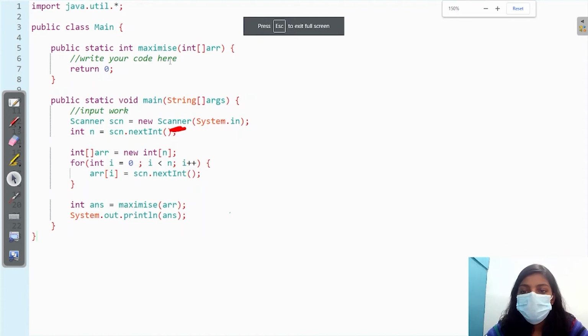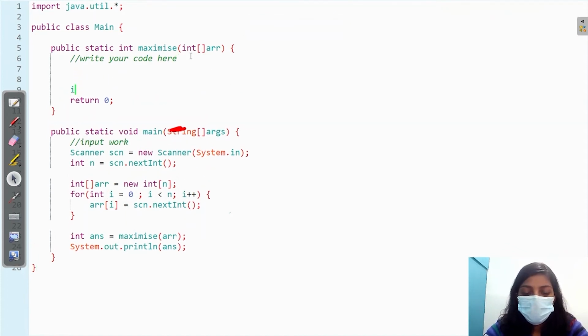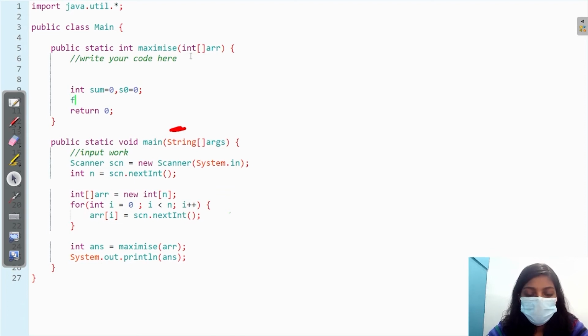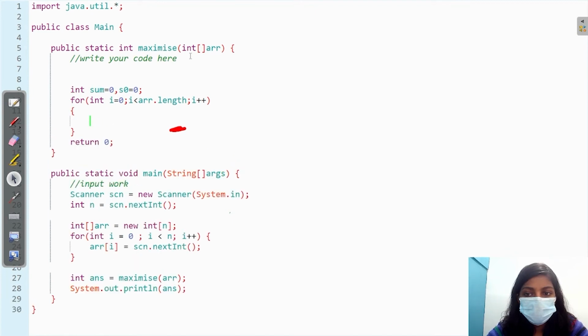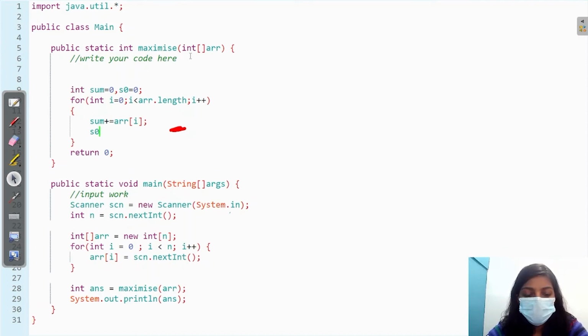So here, first of all, I will have a sum variable and S0. Now I will calculate this for int I equals 0, I less than arr dot length, I plus plus: sum plus equals arr of I, and S0 plus equals I multiplied by arr of I, right?